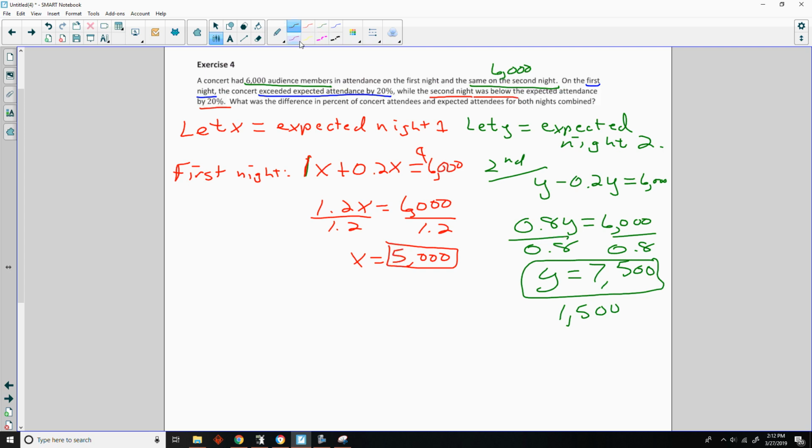So if I took the total here, 5,000 were expected the first night, 7,500 were expected the second night. So they expected a total of 12,500 attendees for the 2 nights. Well, there were 6,000 and 6,000, which was a total of 12,000. So they were down by 500. We want to know what that percent is, because it says what was the difference in percent of concert attendees and expected attendees for both nights combined.